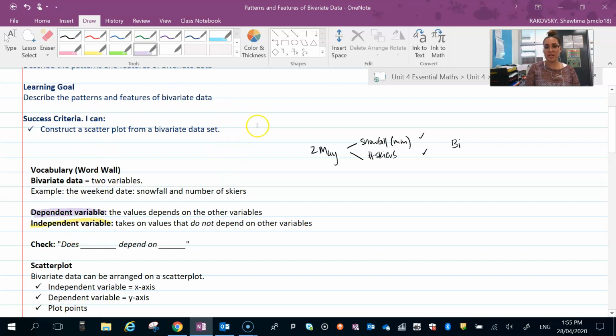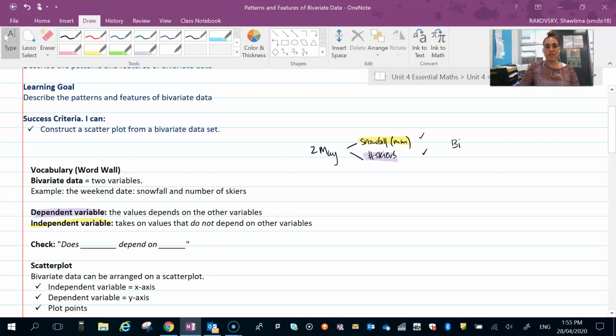If we have a look at the amount of snowfall and the number of skiers, as a bit of a thought experiment, if I'm running a ski lodge and there's no snow, there'll probably be no skiers. But if there's lots of snow, there'll be lots of skiers. So the number of skiers is the dependent variable, whereas the snowfall is something that is changing without our influence. The snowfall obviously is based on weather factors and whether or not it snows. So that's how it's the independent variable.